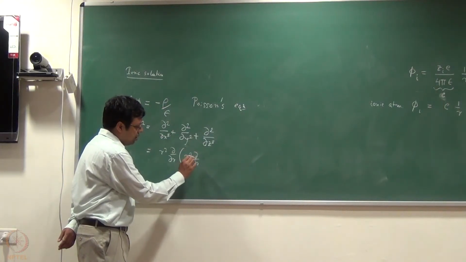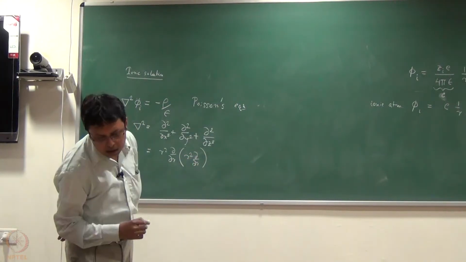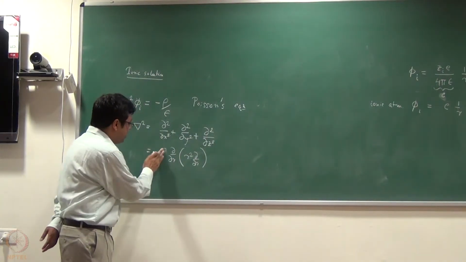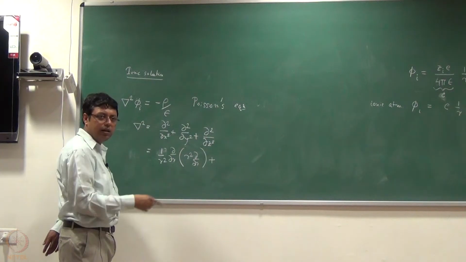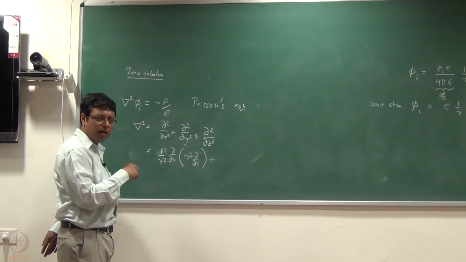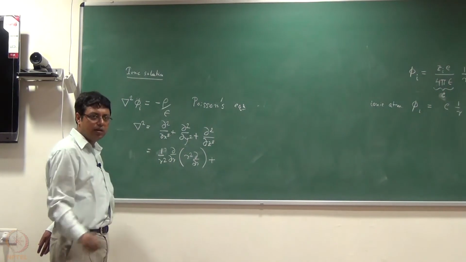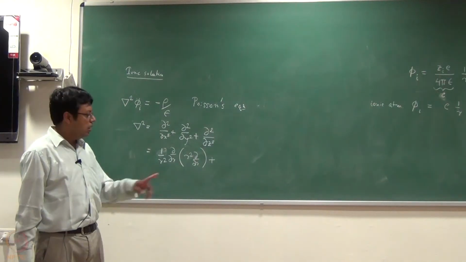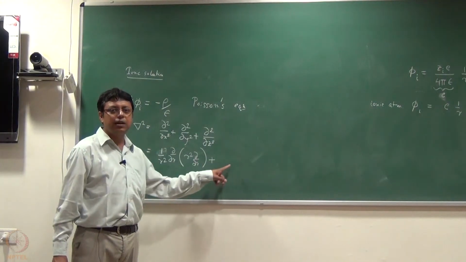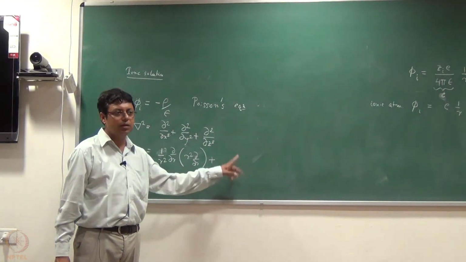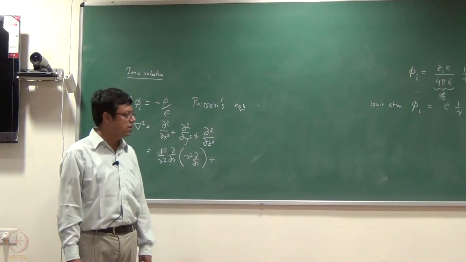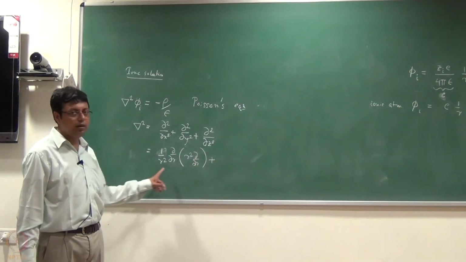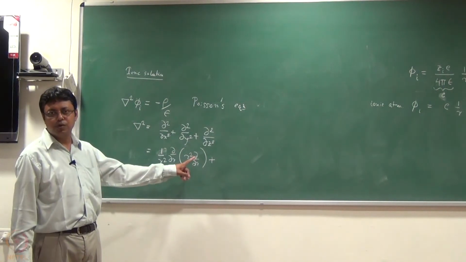It's 1 by r square, first term, and then I'll have 1 by r square sine theta, del del theta, and then 1 by r square sine square theta, that thing, right? But why am I writing it? Because it is spherically symmetric, so the theta phi part, I'm assuming they are not changing. So now I'm in a better position, this only consists of the radial term.